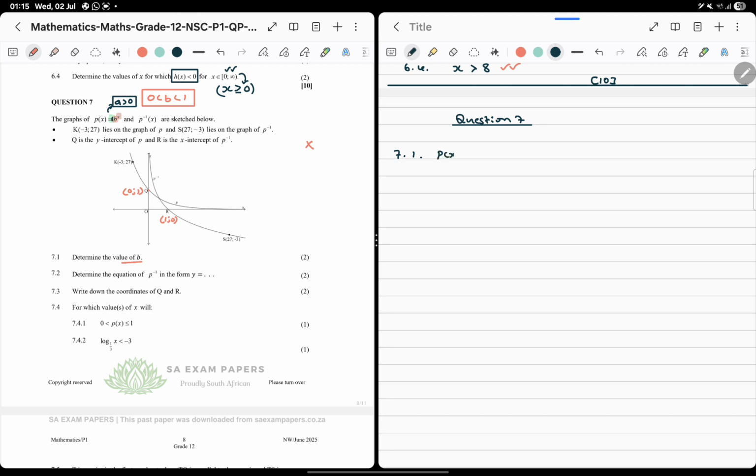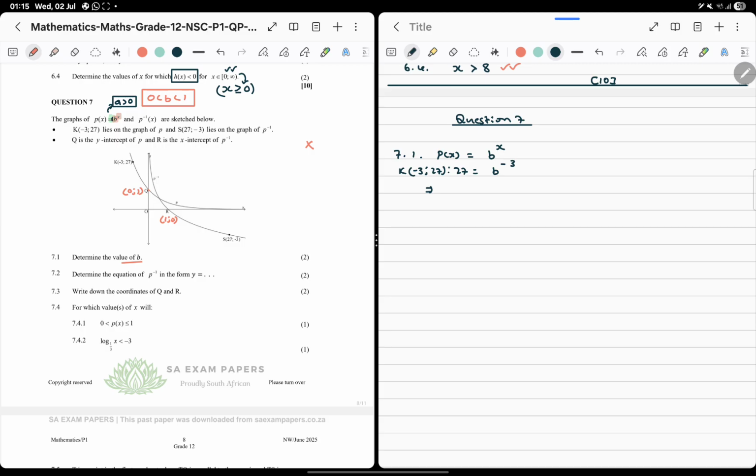So we know that p of x is b to the exponent x. Now we take a point k, which is minus 3 and 27. This is going to be 27 is equal to b to the minus 3. All right.